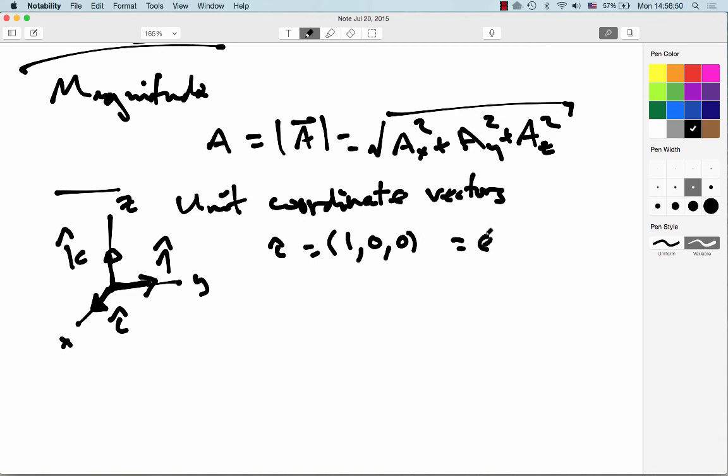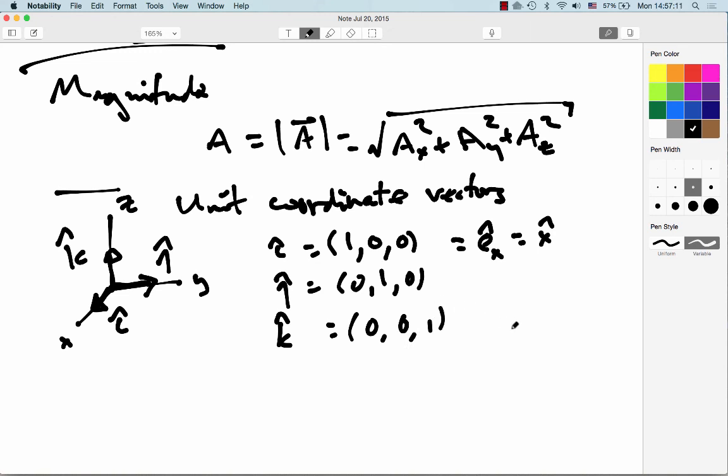Some other notation you'll see, sometimes it's called EX or x hat. Similarly, j hat is 0, 1, 0, and it would be equal to EY or y hat, and k hat is equal to 0, 0, 1. That would be equal to EZ or z hat in other books.